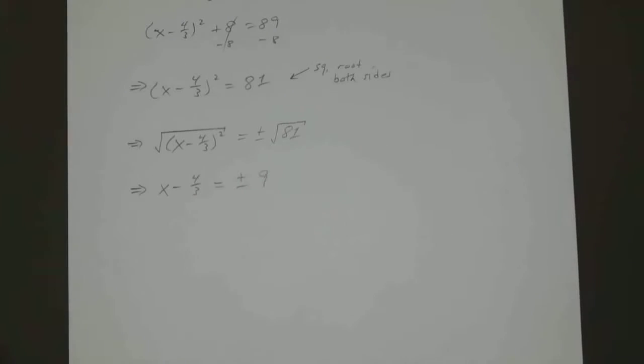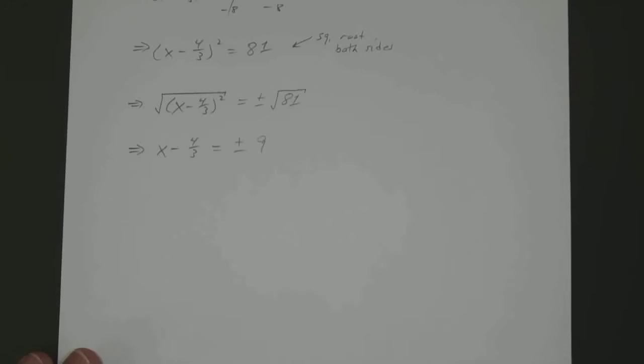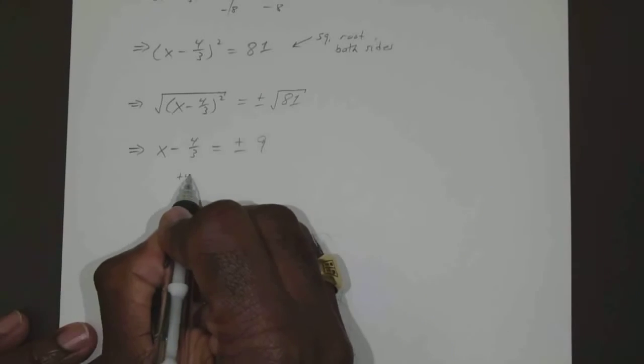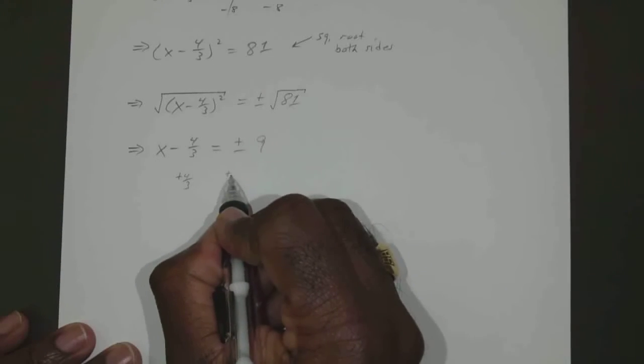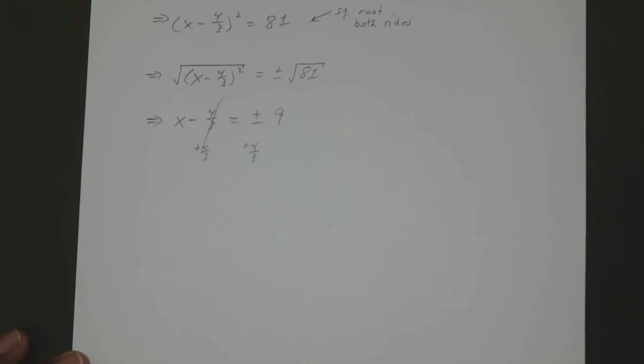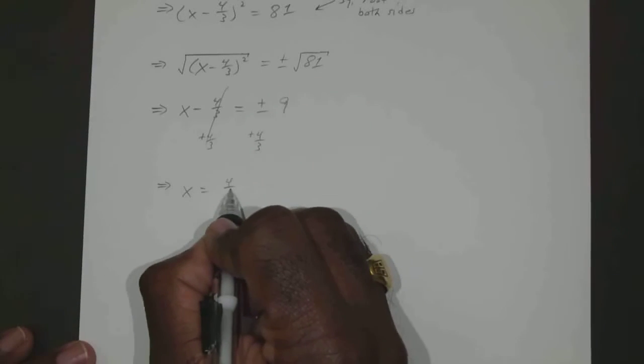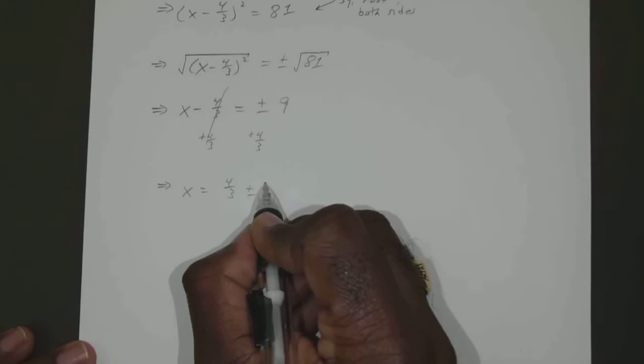It's just 9. Okay, so we add 4 over 3 to both sides. These two disappear. So x equals 4 over 3 plus or minus 9.